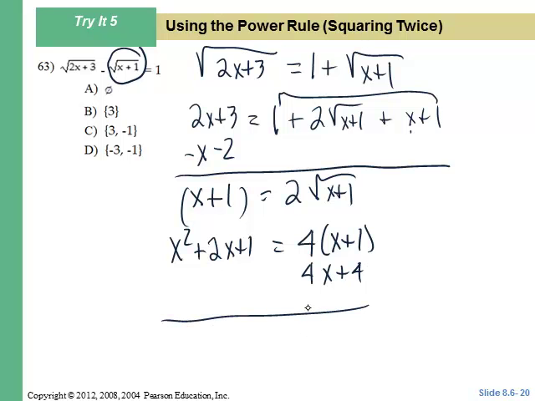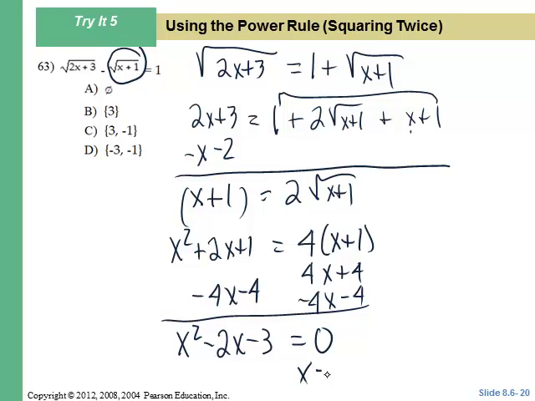So subtract 4x and 4 from each side, and you get x squared minus 2x minus 3 equals 0. That factors into x minus 3, x plus 1 equals 0. So x equals 3 or negative 1.